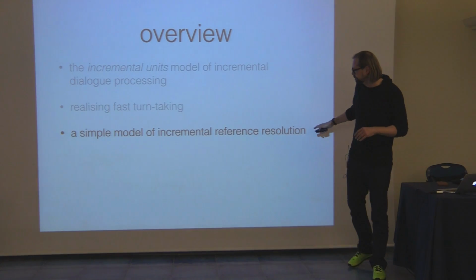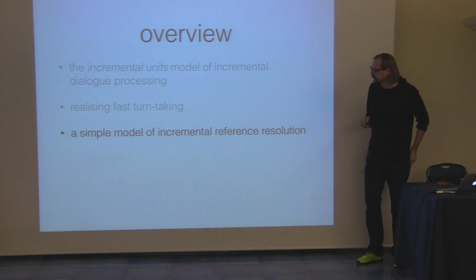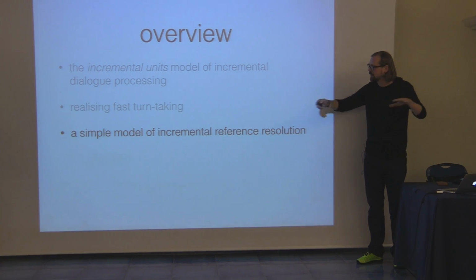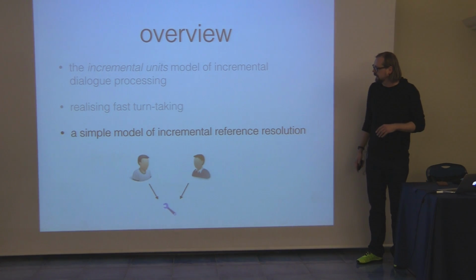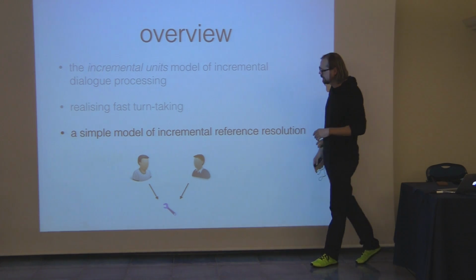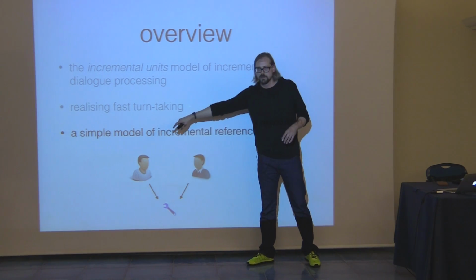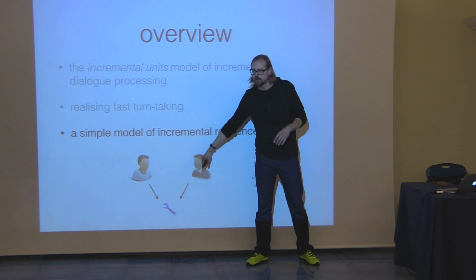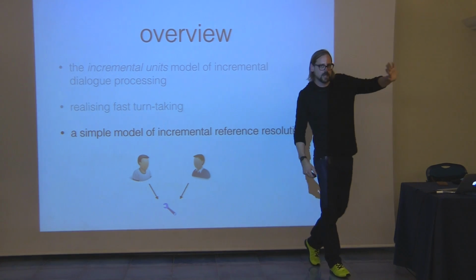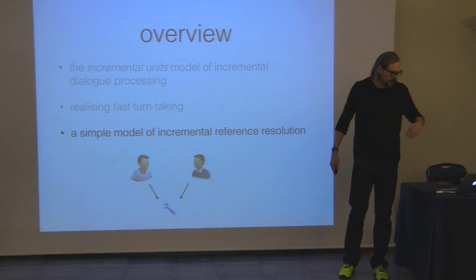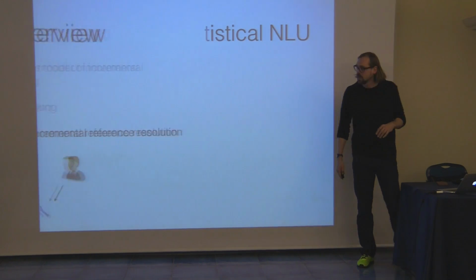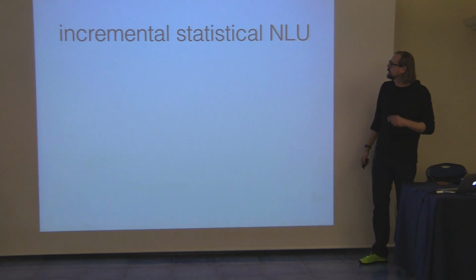Okay, but now we move to the second part, where we actually want to assume that we're in a shared physical environment. And we started with the assumption that both the user and the system can perceive a third thing. So we are in a shared physical environment and we are perceiving our environment. And again, incremental statistical NLU.